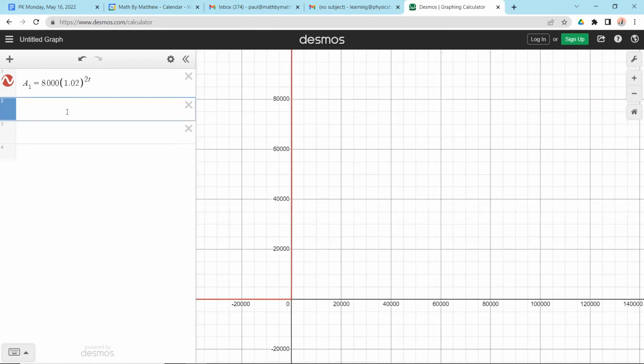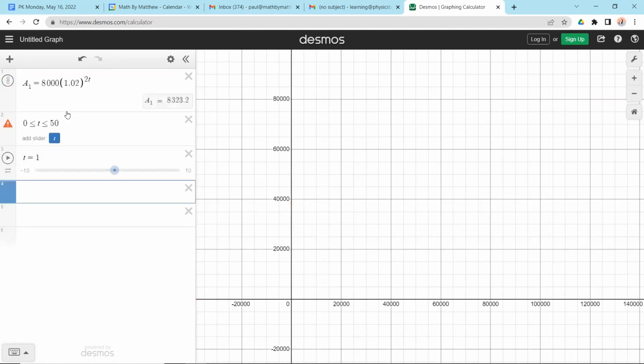How do I do my? Oh yeah. This is exactly what they're saying on your thing. You've got to set your limits, or you're going to get a screwed-up graph. Look at my graph right now. It's correct, but that's because my t window is way too big. I hope it'll do it for me. Add t slider.